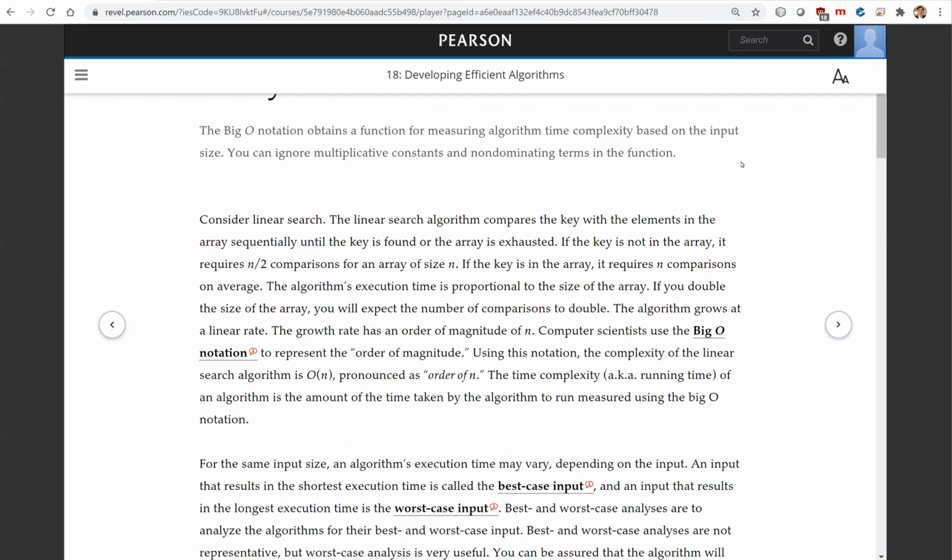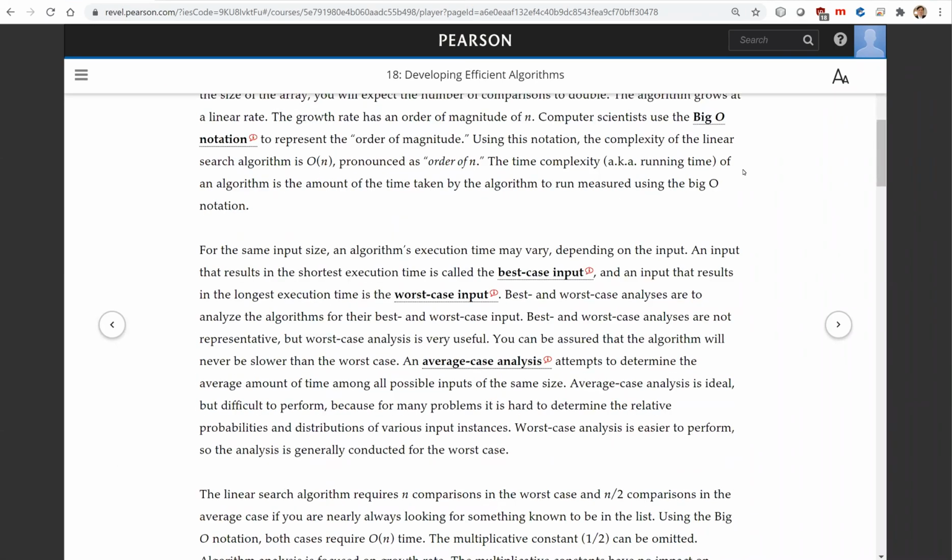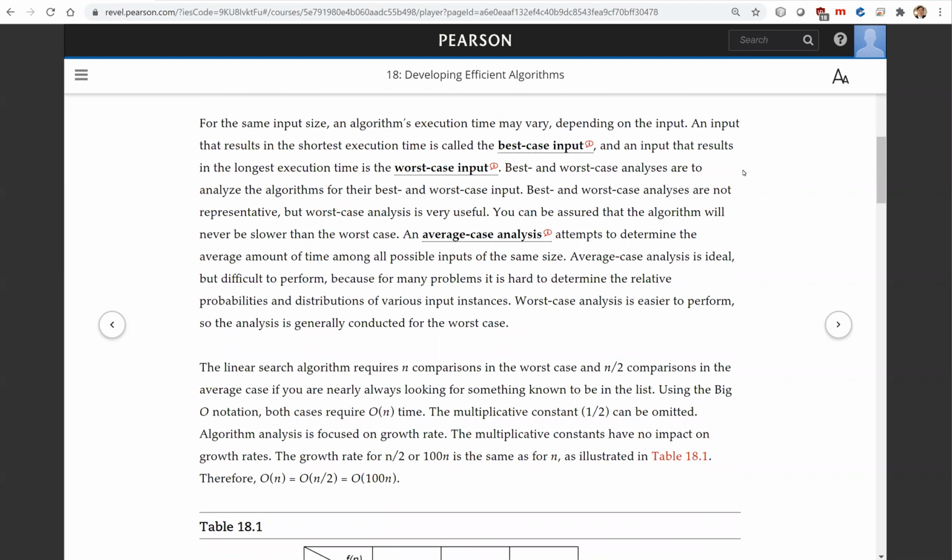For the same input size, an algorithm's execution time may vary depending on the input. An input that results in the shortest execution time is called the best case input, and an input that results in the longest execution time is the worst case input.